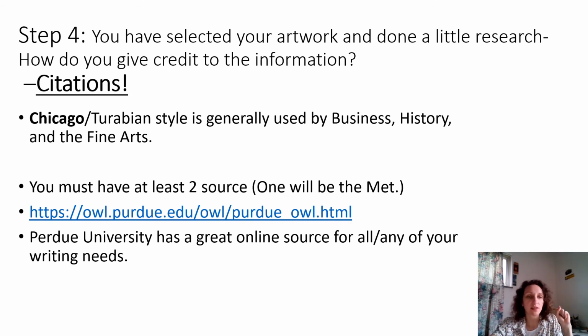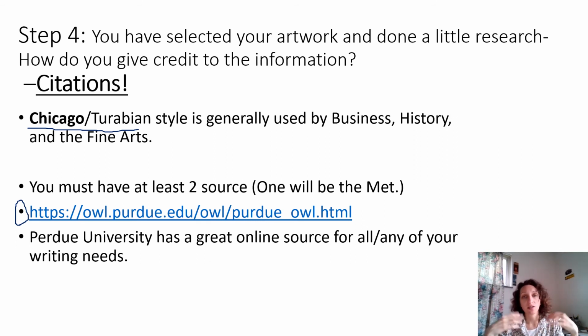This website here, which is the Purdue OWL website, which I will also link down there, is the best resource that I have ever found for all of your writing needs, right? How to do a proper citation in Chicago style. If you happen to be studying science, you're probably more familiar with AP style citations.